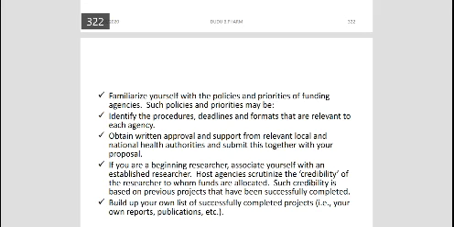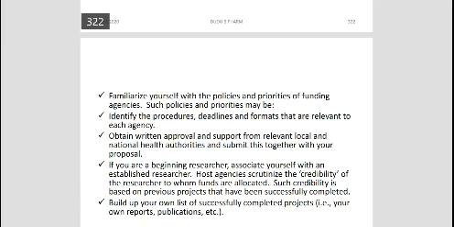Obtain written approval and support from relevant local and national health authorities and submit this together with your proposal. If you're a beginning researcher, associate yourself with an established researcher, someone who has experience in doing research.